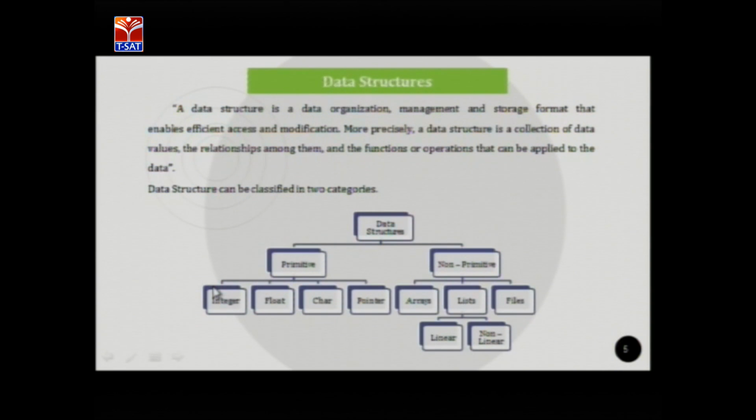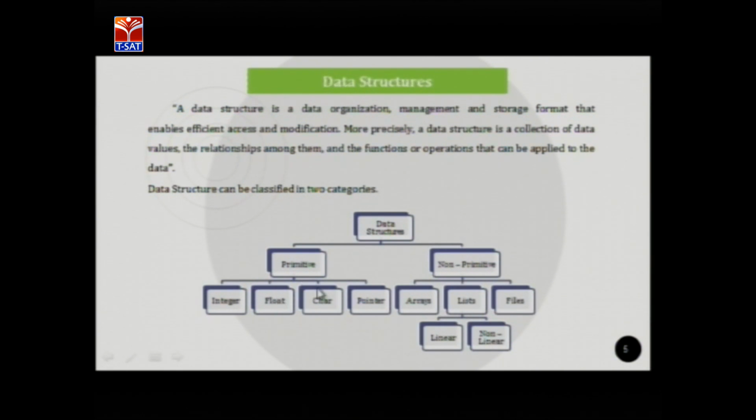Integer is nothing but a numeric value, such as 2, 3, 24 or 27. It takes 2 or 4 bytes of memory depending upon the processor. A float value consists of a decimal part, such as 2.25 and 3.45.